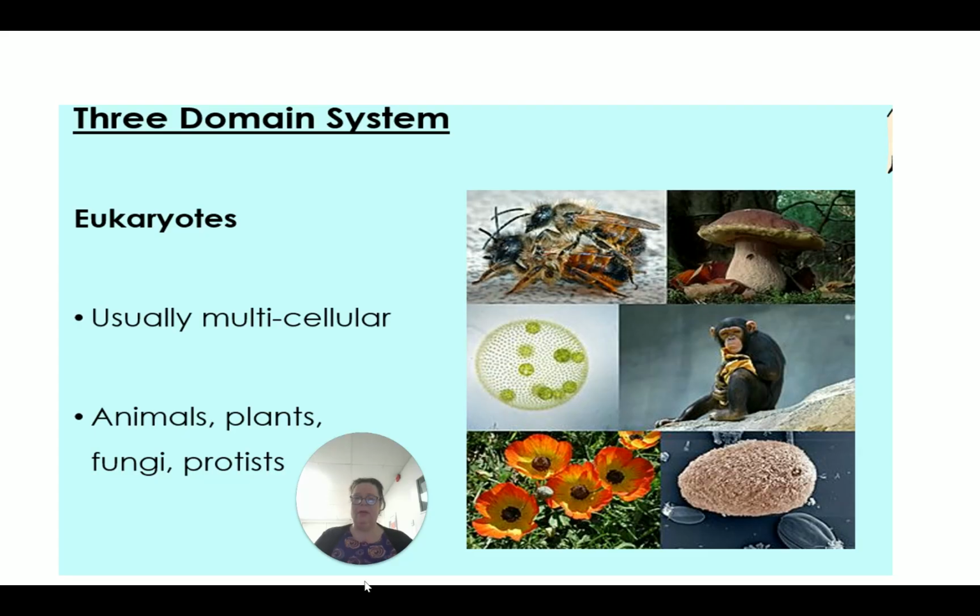Okay, so all of these pictures over here, I think they look like wasps, toadstools, monkeys. These look like algae, possibly. Flowers, I think that's a yeast cell. All of those fit into here. Yeah, that will be a yeast cell because it's a fungus. So all of those fit into here. Now you probably know those already. Let's have a look at the new ones.